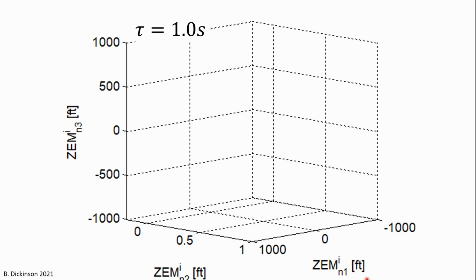Let's look at an animation of zero effort miss normal to the line of sight. This axis is in the altitude direction, this axis the cross range, and this one the downrange direction. Keep in mind that the target maneuvers in the downrange and altitude directions, and note also the scale of these axes compared to the cross range axis, which the target does not maneuver in.